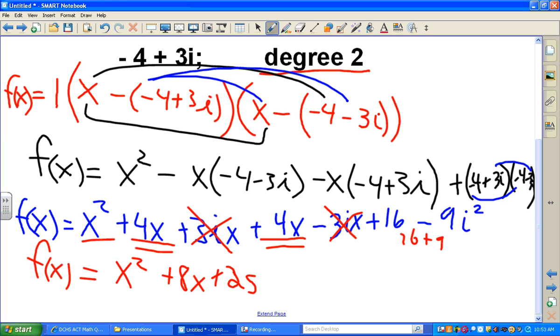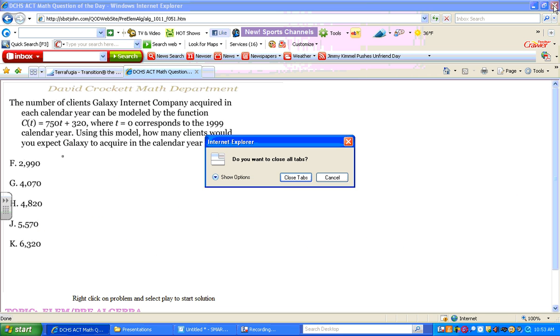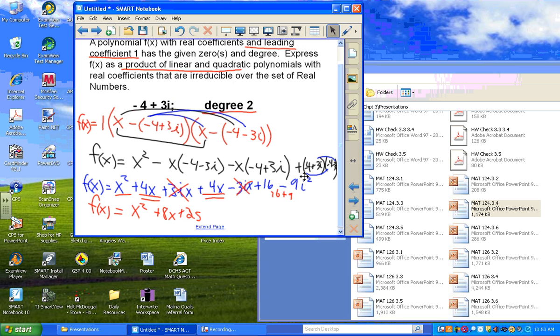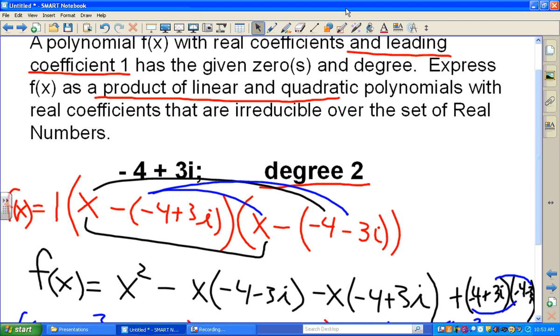How in the world do you tell if you're right on this? Plug it in the quadratic equation program, except, how do you have to change your equation? You have to make sure you're in a plus bi mode.